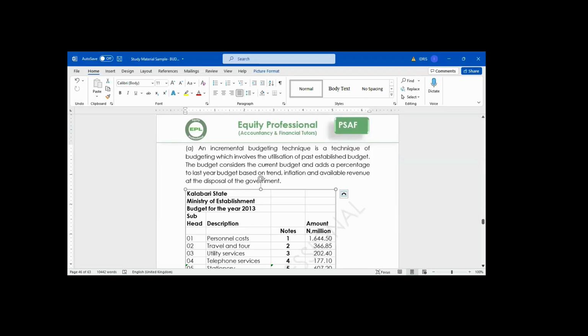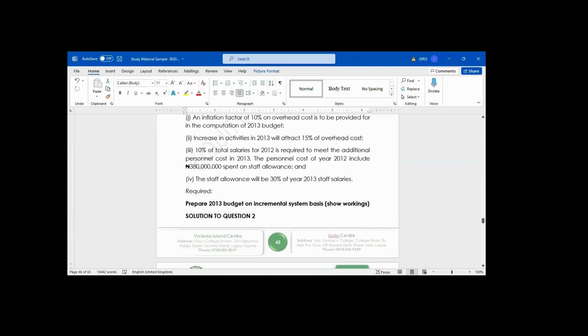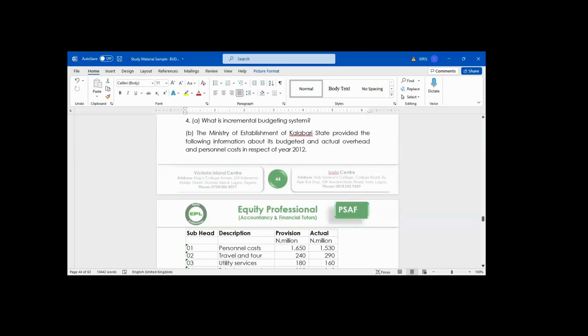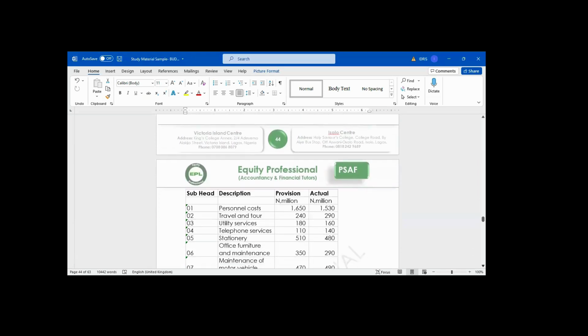After the personnel cost, what other item do we have? We have travels and what? Travels and tours. Can we see the travels and tours? Yes, sir. 290.